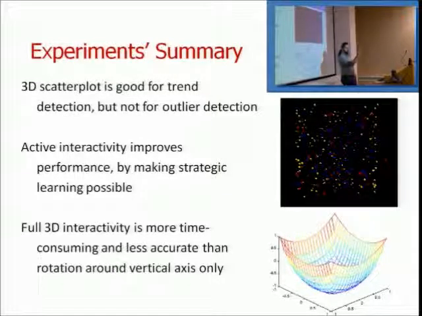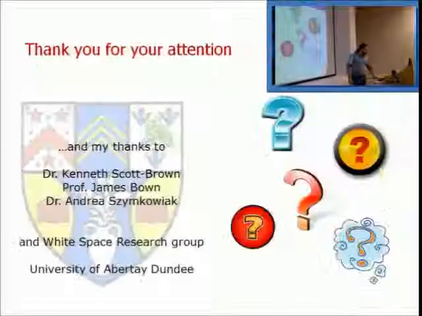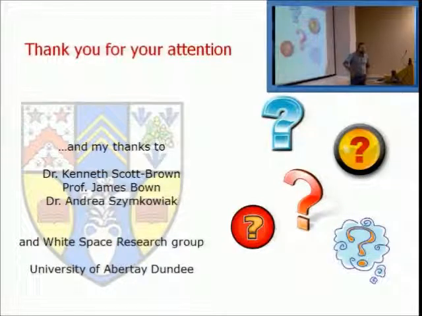Whereas just rotating around the vertical axis, just a tiny bit, is probably the best way to see in a 3-dimensional scatter plot, because that's what we do when we encounter a 3D object whose shape we don't really know. And that's what our experimental results show, using all this underlying theory and methodology. That's it.